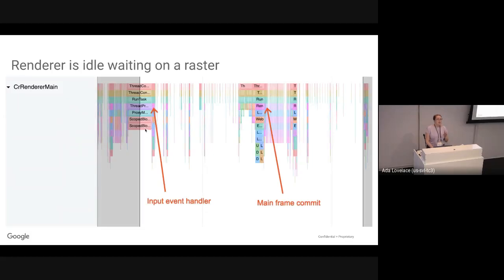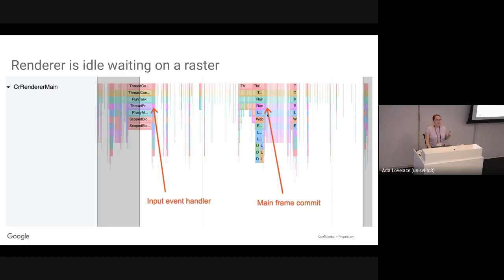There's some scoped blocking call, which is kind of like a scheduling thing that is running code that we can't interrupt. It's usually input or IPC messages, I think. And then we do the input event handler. So as soon as we can, we handle the input event. And then we have a bunch of time that we're not doing anything. And way over here is the associated frame commit.